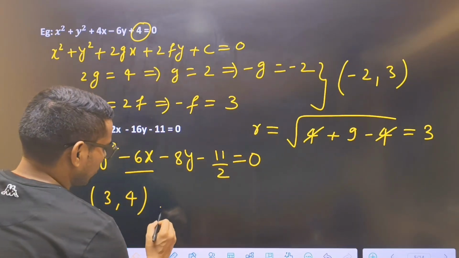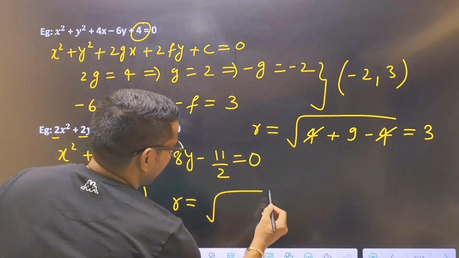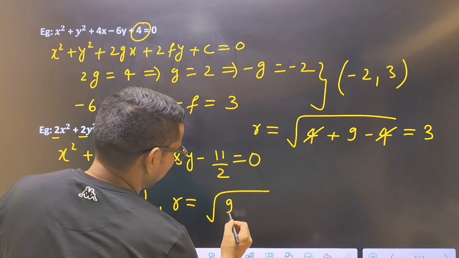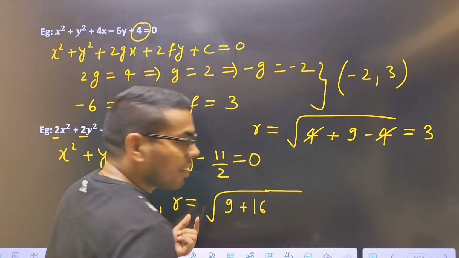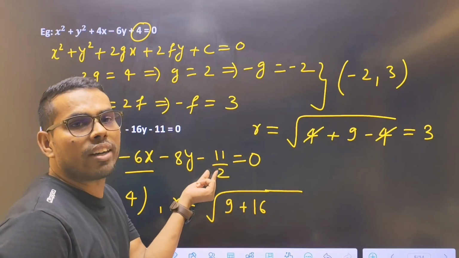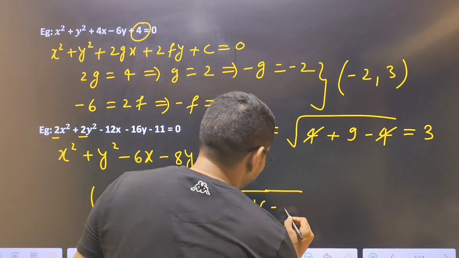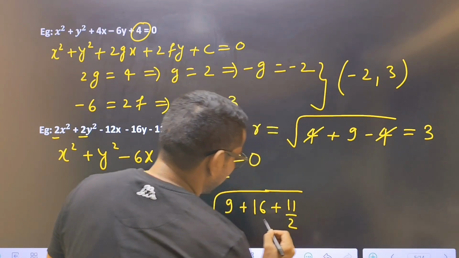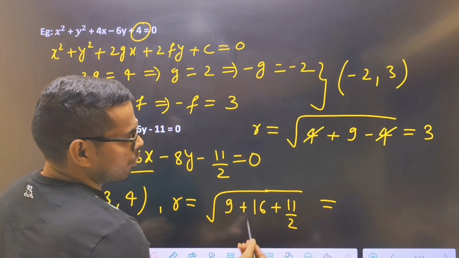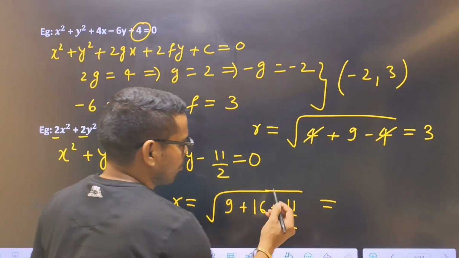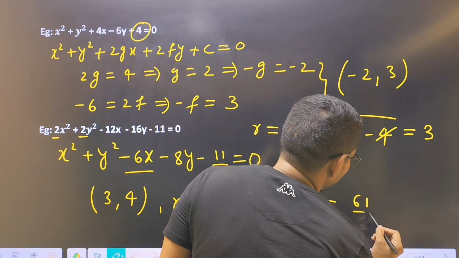Now what is the radius? Find radius. R is equal to how much? Under root g square, that is 9, plus f square, that is 16, and minus c. So c is already negative. So minus plus, that is 11 upon 2. So simply you can solve. This is how much? 25 into 2, that is 50. 50 plus 11, how much? 61.